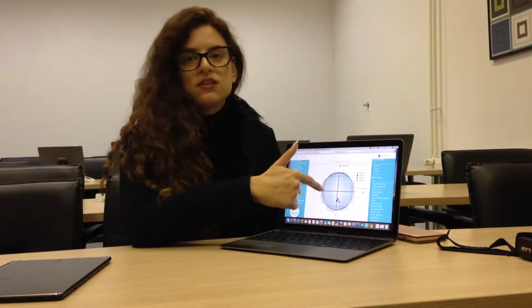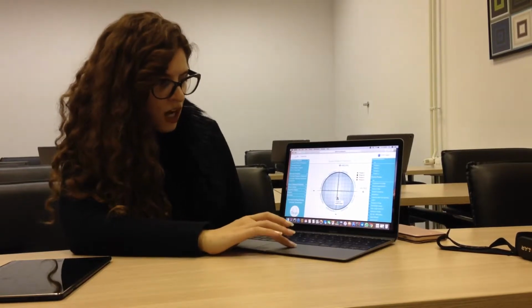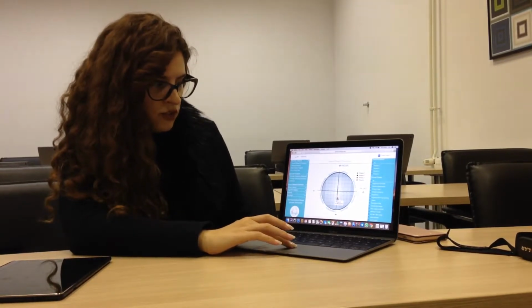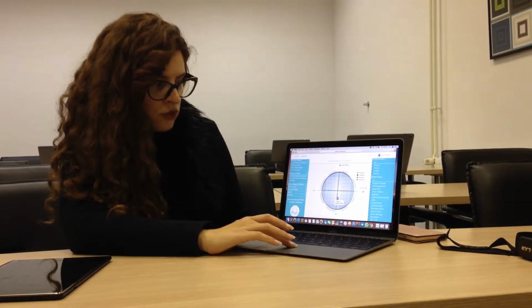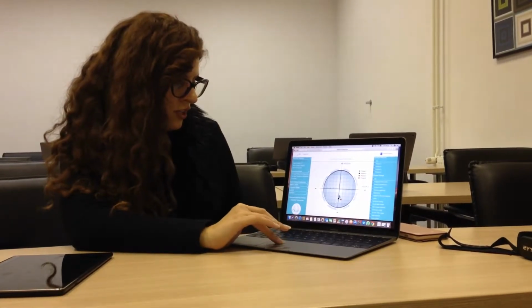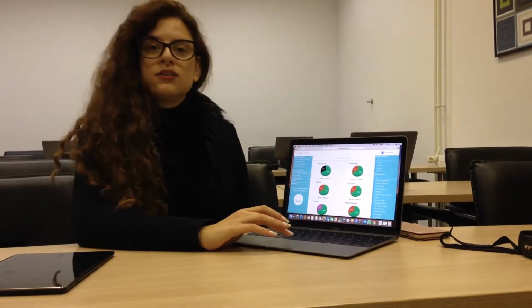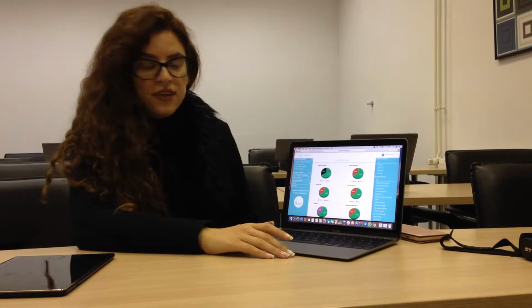So in this arousal valence model, we can see that the four stimuli that we've tested are located here with the values 0.2 and -2 for arousal and valence. We can also see what is the preferred stimuli, meaning what was the product or the stimuli that had the highest valence.